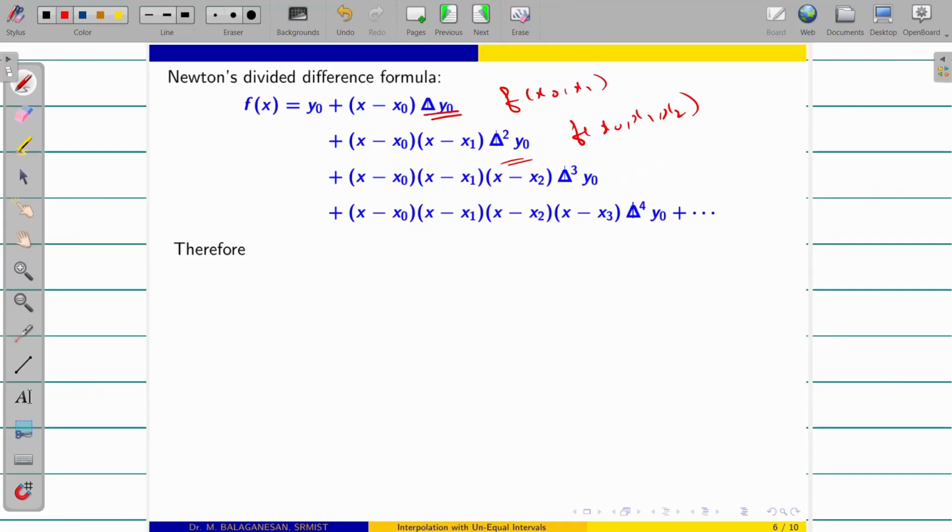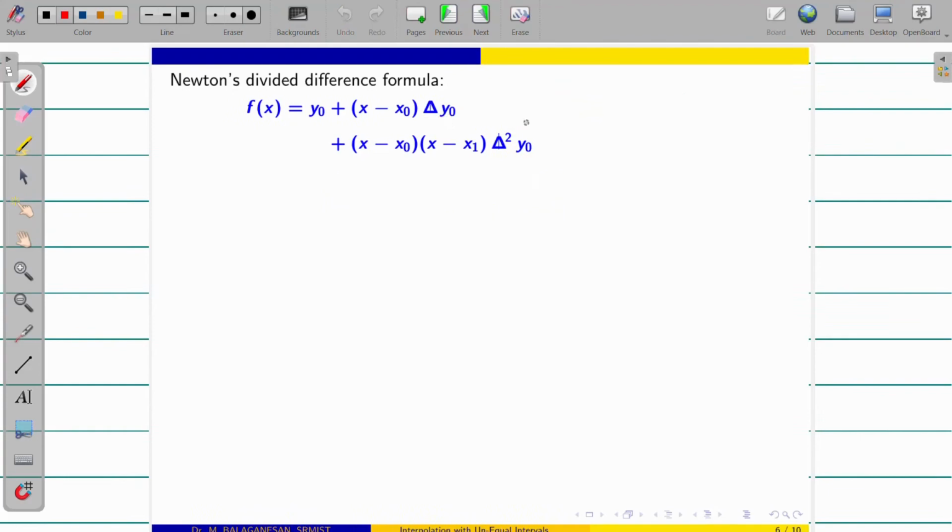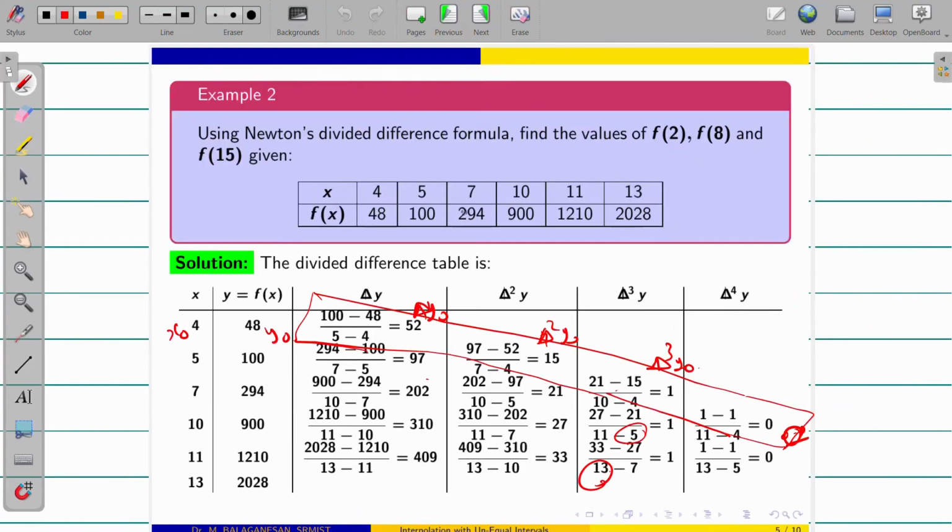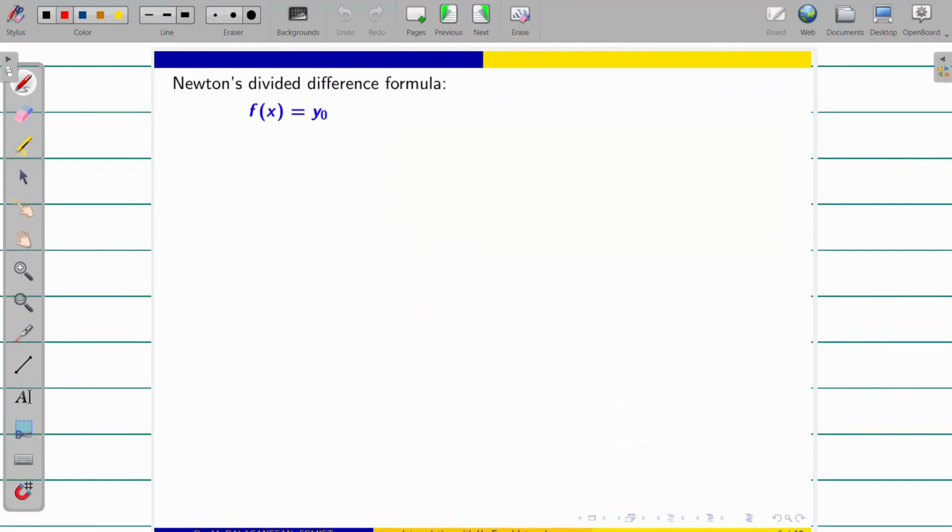Similarly, del cube y naught for 4 arguments. Del power 4 means 5 arguments will be there. If you write like that, you will get confused. If you write like del y naught, del square y naught, del cube y naught, we followed similar notation in the previous difference table also, even for unequal intervals. So it will be easy to understand and you won't make mistakes. That's why it is entirely different from the formula in the textbook.